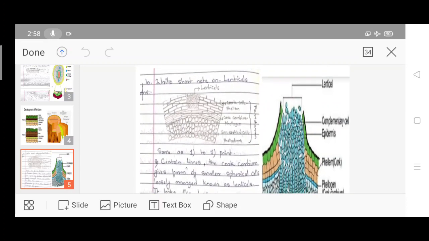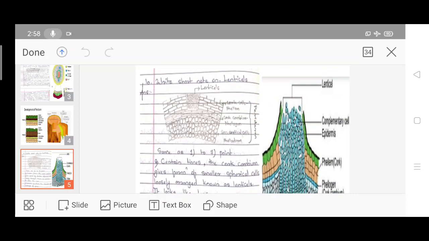Then the next short note in your syllabus is the lenticels. How the lenticels are developed is also asked as a short note. First you have to see this figure.